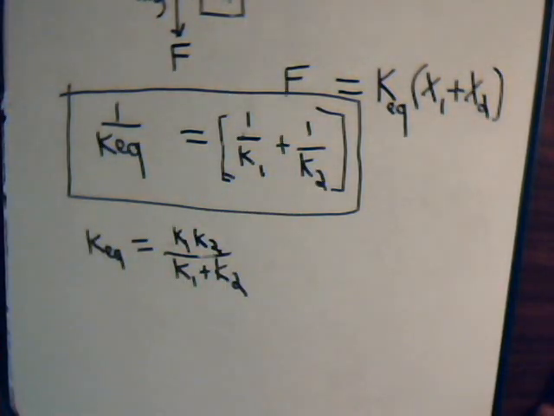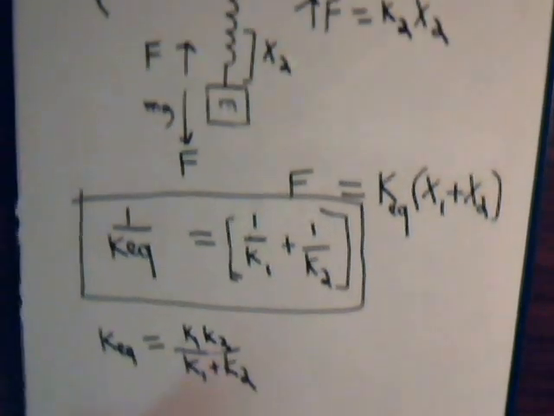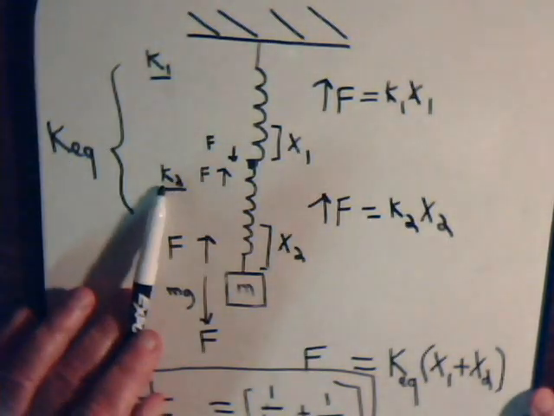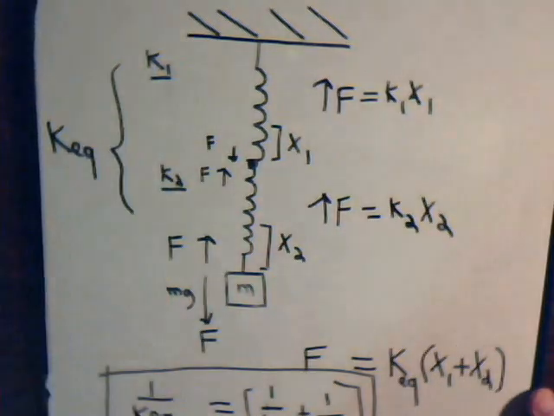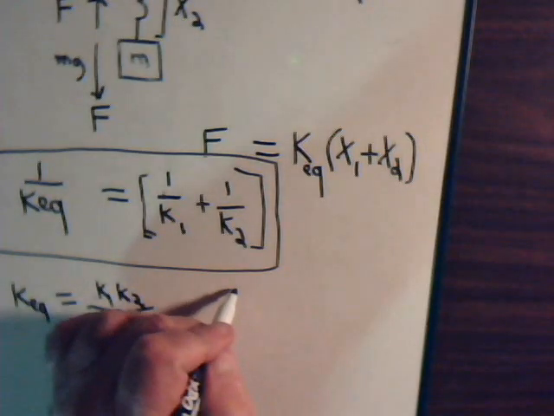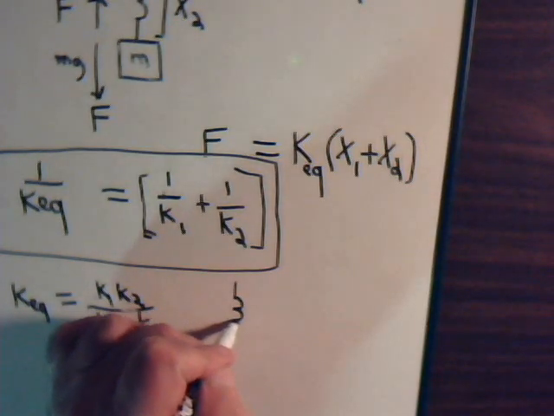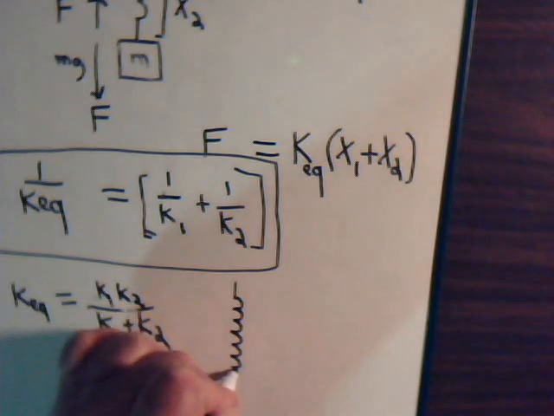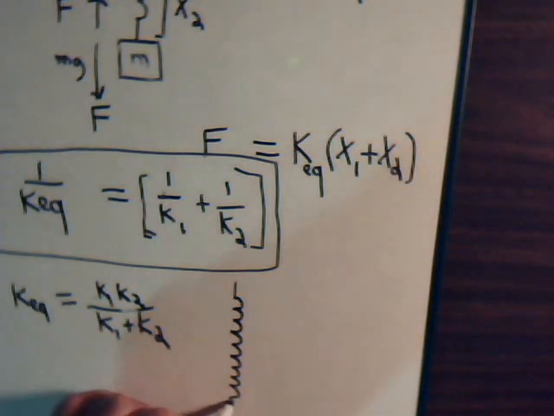And again, if we think about it, the fact that this is less than this one and it's less than that spring constant should make sense in terms of our everyday experience. Suppose we have a spring like this. A long spring.